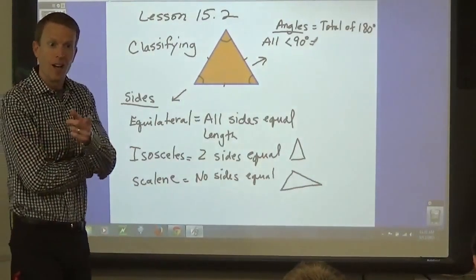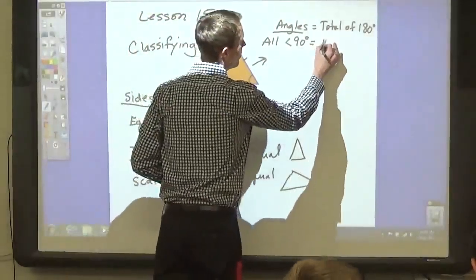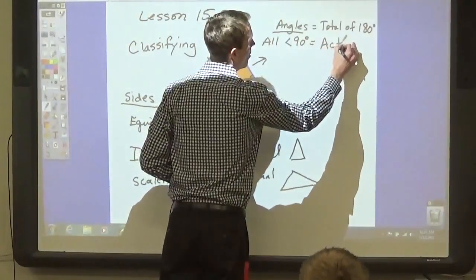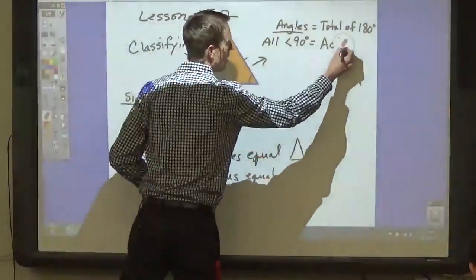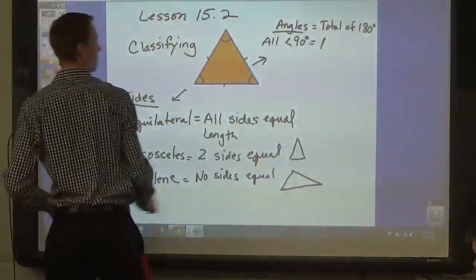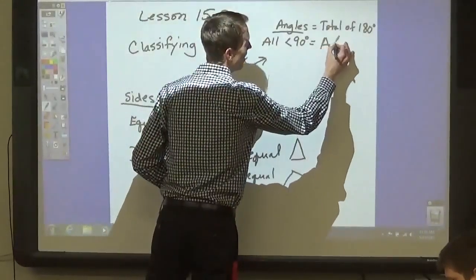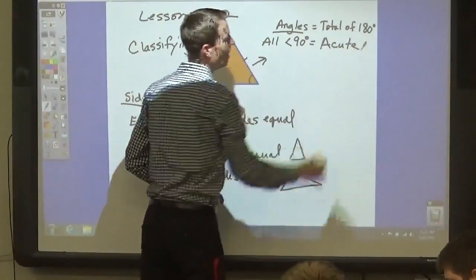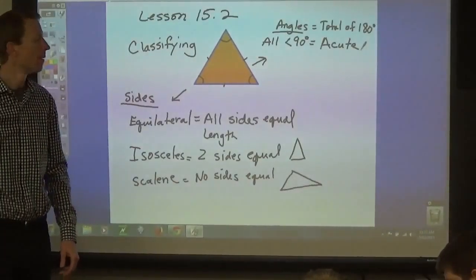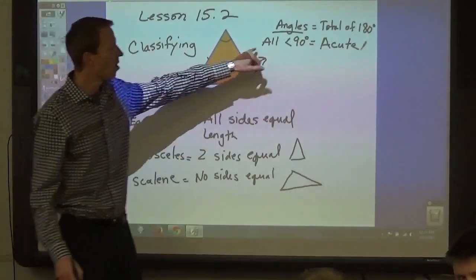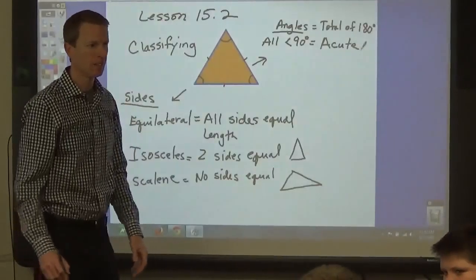Acute. That's an acute triangle. Okay? Because all the angles are less than 90 degrees.